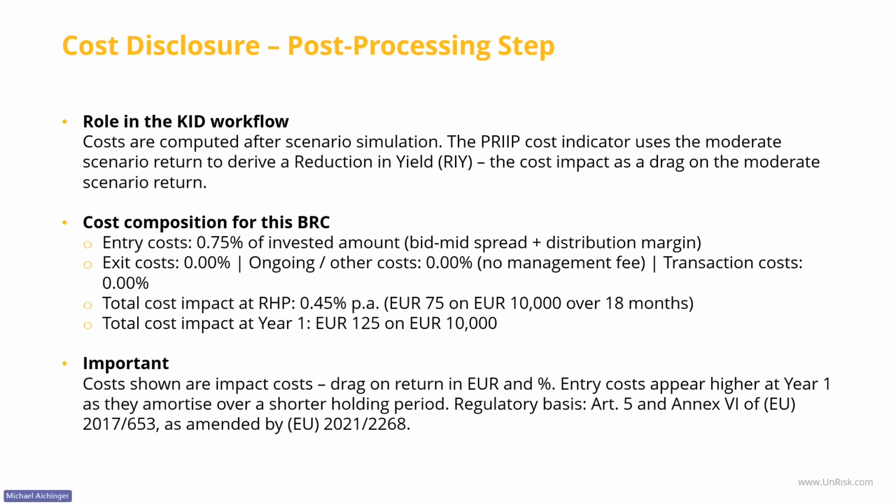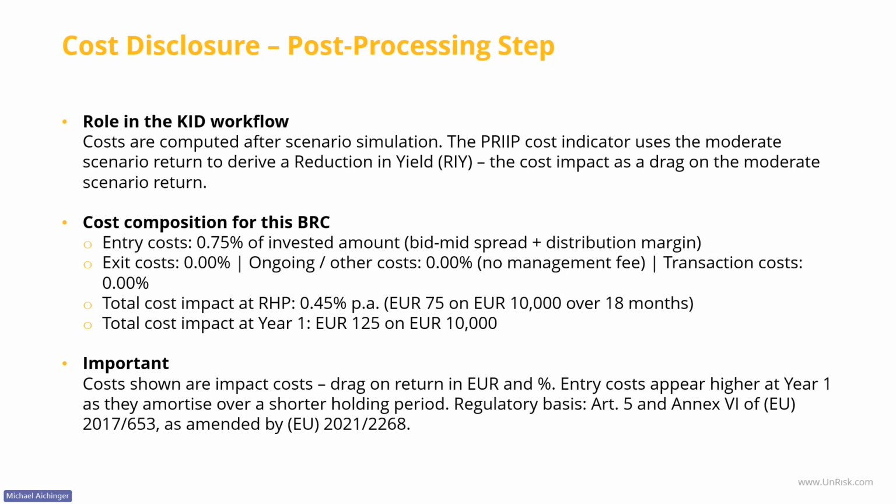How are the costs disclosed in such a calculation? Costs are normally applied in a post-processing step. So we have entry costs, and we may have ongoing costs and exit costs. And we calculate the returns, we adjust the returns based on these costs and show them as impacts there.